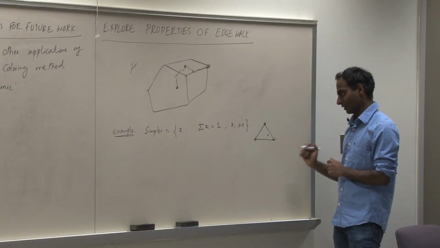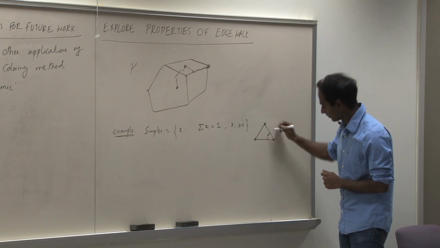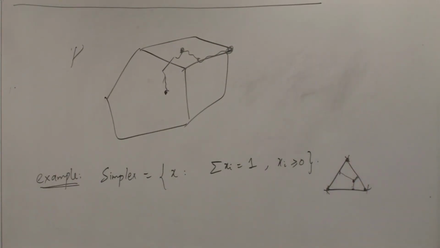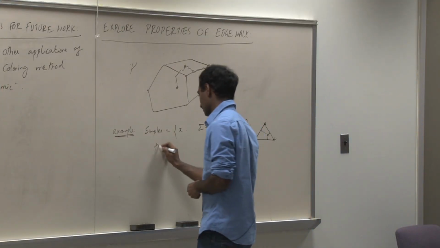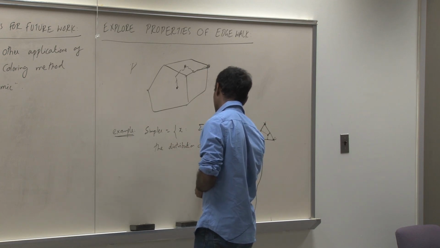The answer is easy to figure out, the probability is proportional to these lengths. Okay, so if you start very close to this vertex, you should be more likely to hit here, right, and so on. In fact, the probability of reaching here is exactly this length, and so on. All right. So for the simplex, the distribution is proportional to lengths.